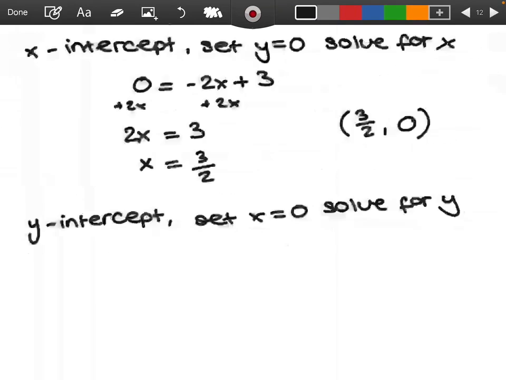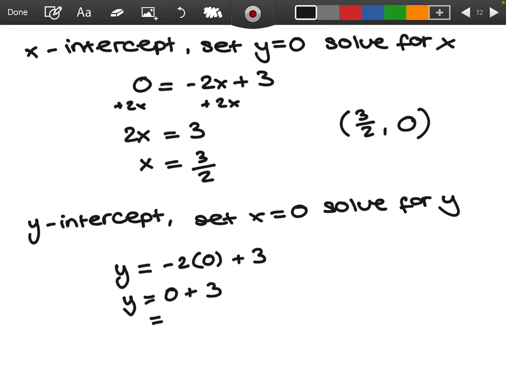If I do that, I'm going to get y is equal to negative 2 times 0 plus 3. Negative 2 times 0 is 0. And 0 plus 3 is 3. So my x-coordinate is 0, my y-coordinate is 3. So I have my x-intercept and my y-intercept.